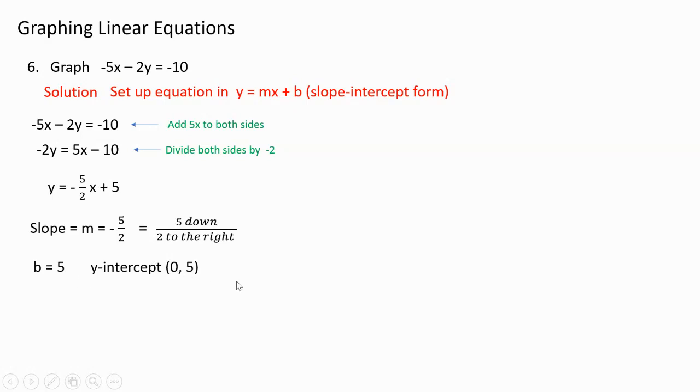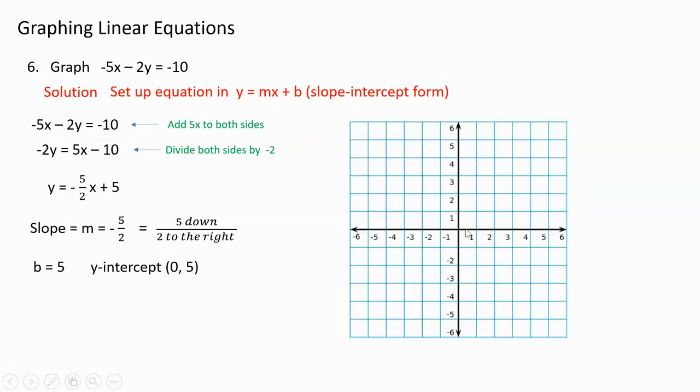So (0, 5) is my starting point. We start at (0, 5), up here. Then we go down 5: 1, 2, 3, 4, 5, and 2 to the right: 1, 2. We connect the 2 points, and that's our line.